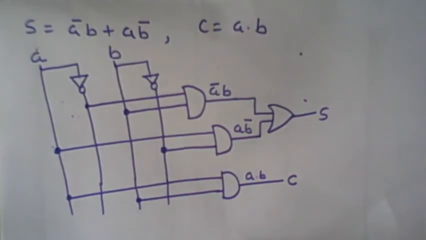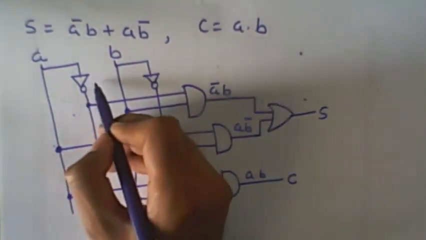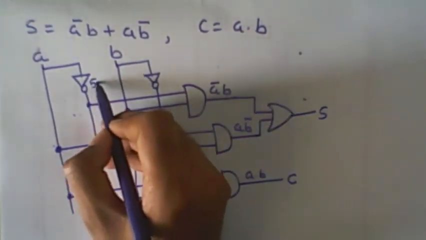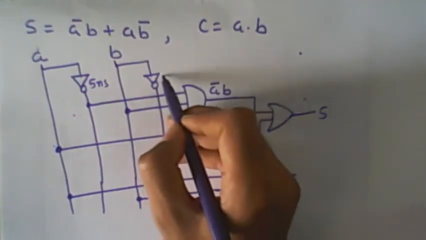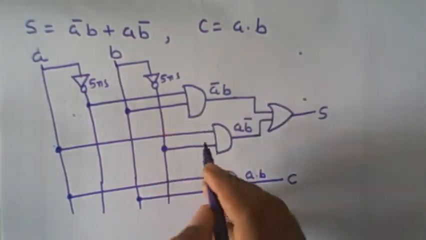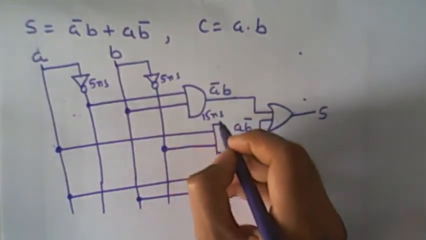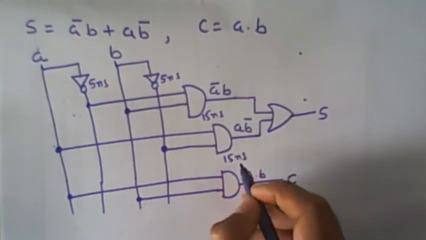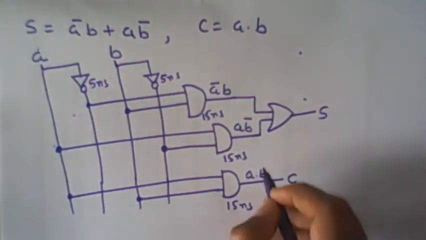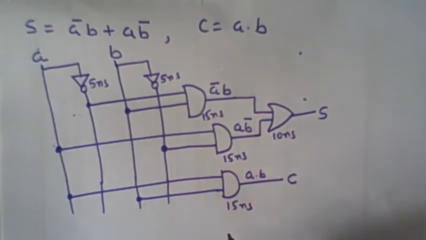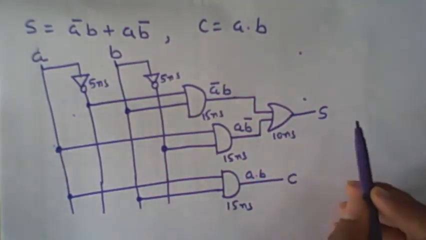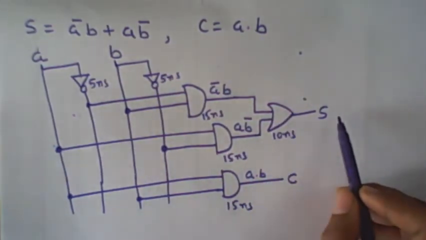In the previous topology, suppose the propagation delay of a NOT gate is 5 nanoseconds, of an AND gate is 15 nanoseconds, and of an OR gate is 10 nanoseconds. Right? Then what is the total propagation delay for the sum bit?